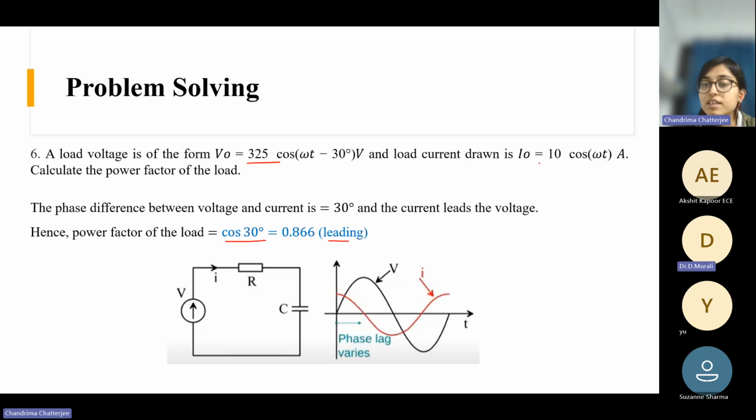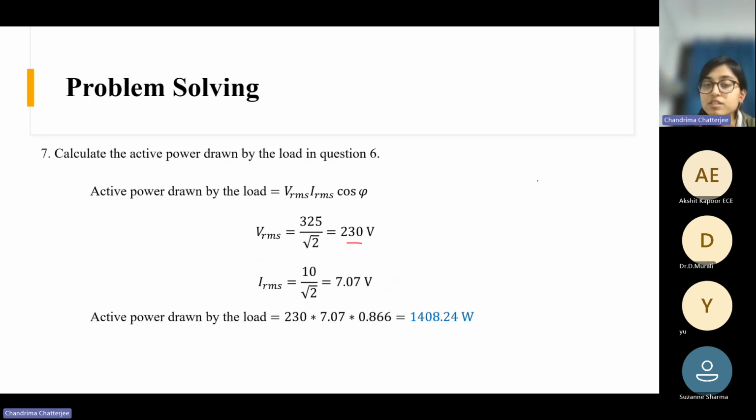I peak value is 10 ampere, so this is also 10 by root 2, this is 7.07 ampere. So the active power drawn by the load is Vrms Irms times cos phi. That is 1.4 kilowatt.